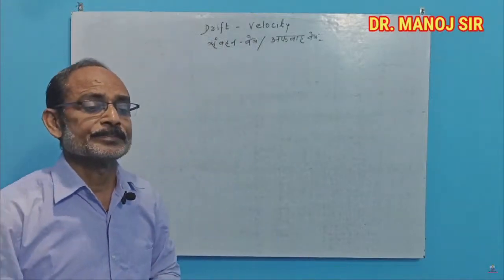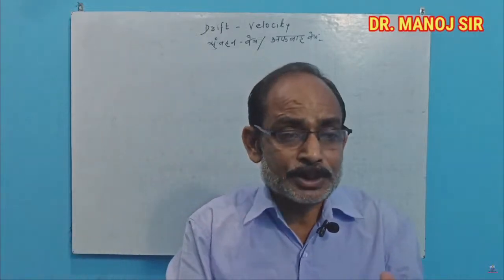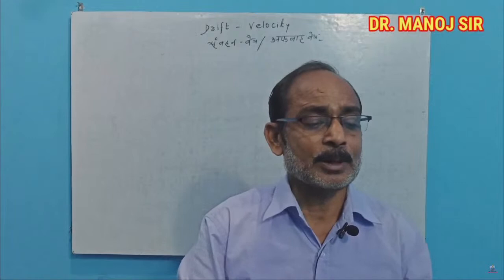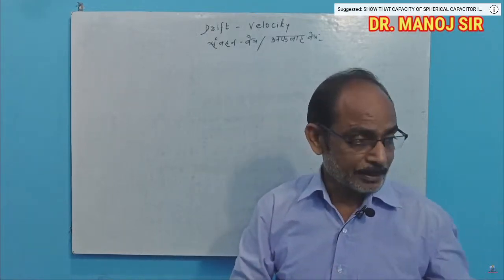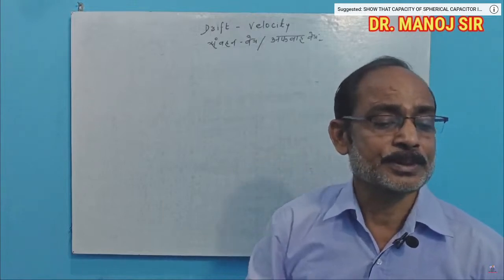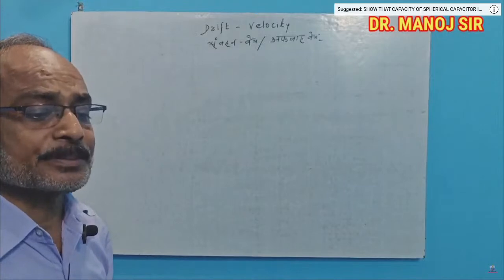Such a velocity is created. That velocity is called drift velocity or average drift velocity.